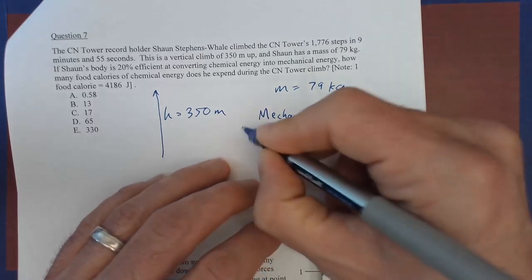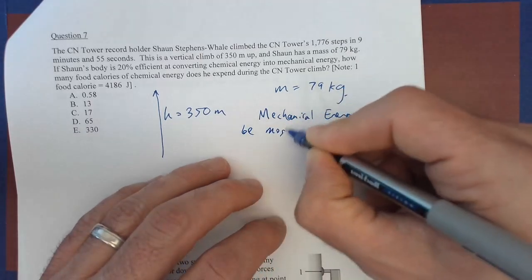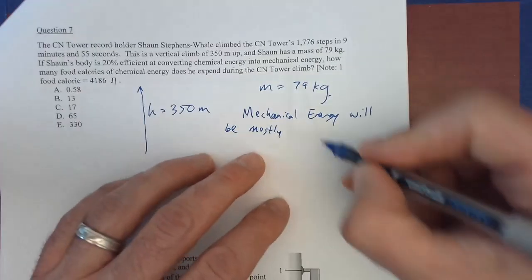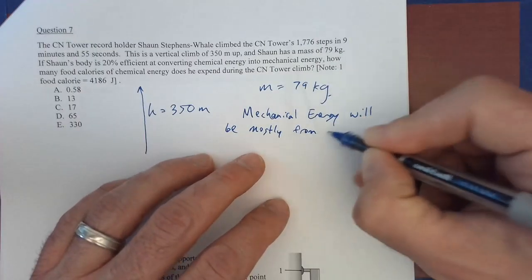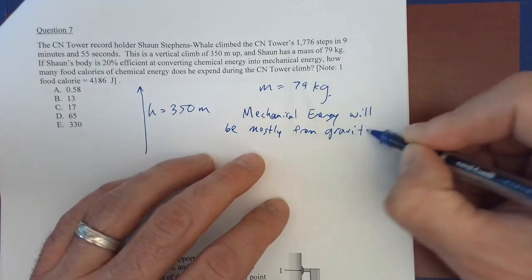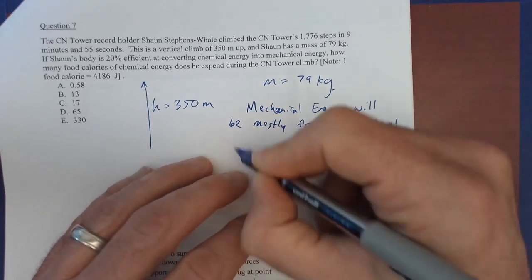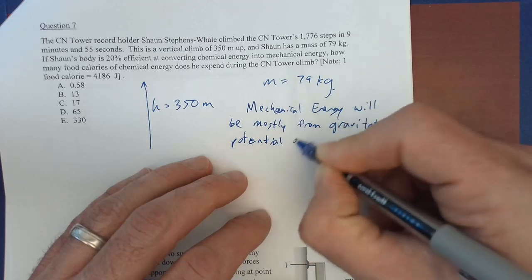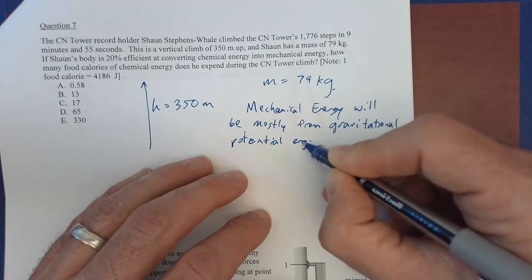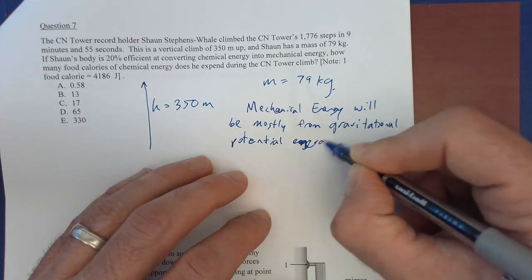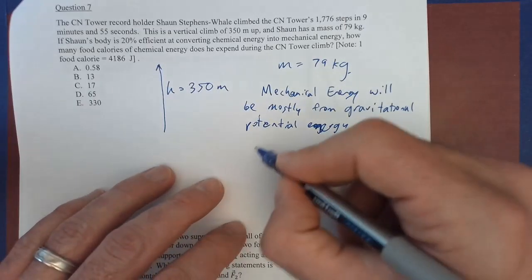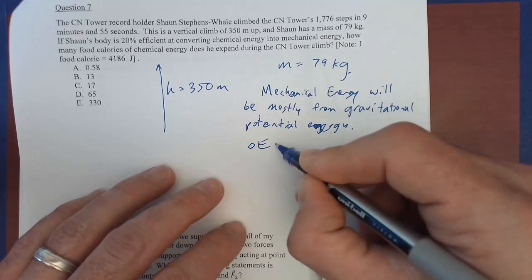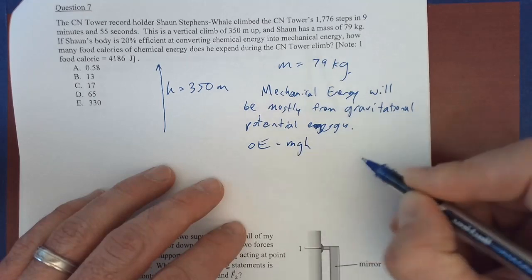Will be, I think, mostly, I mean, he might move a bit, but from gravitational potential energy. He has to gain all that gravitational potential energy to get up to the top of this tower. That's what's going to really tire him out. So E, delta E or something, is equal to mgh.